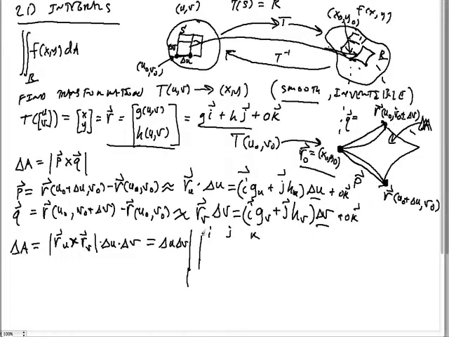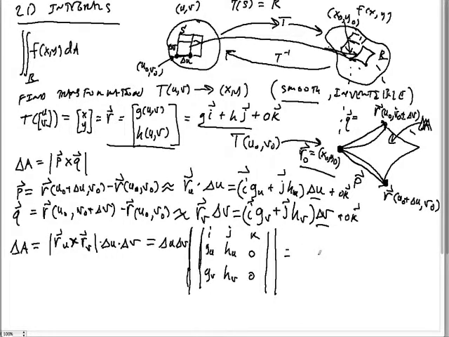So we're going to take a vector magnitude of a determinant, a cross product, and it'll be g_u, h_u, g_v, h_v, 0, 0.